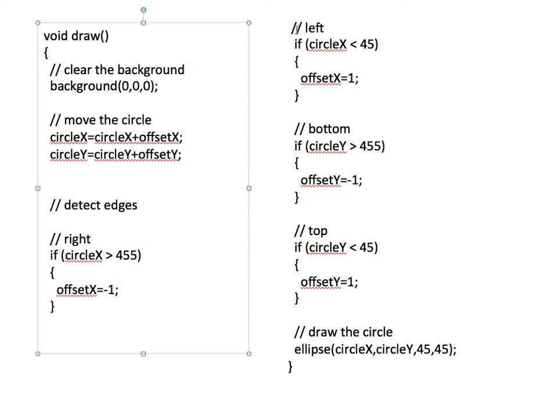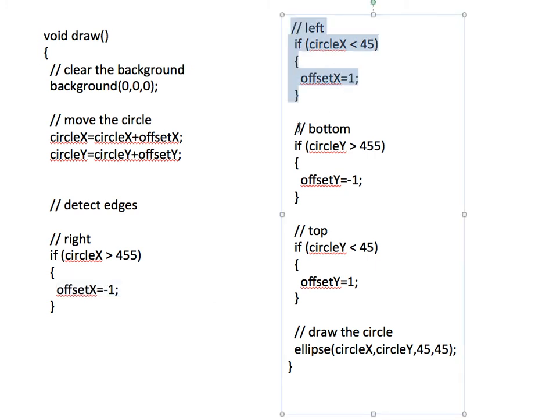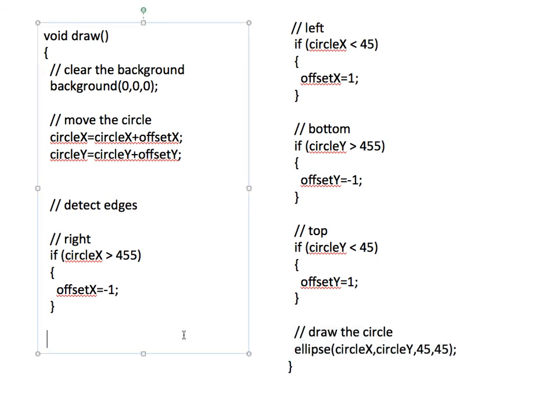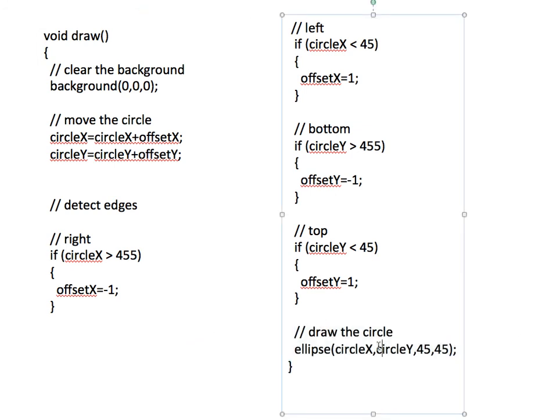You can see how we do exactly the same with the left-hand edge, the bottom and the top, and then we simply draw the circle. Now the keen-eyed amongst you will notice that I've gone against my previous rules of using hard-coded values in there, but please try to overlook that.